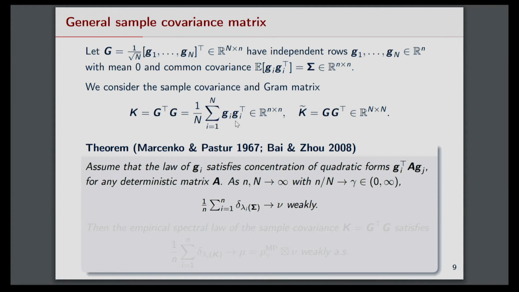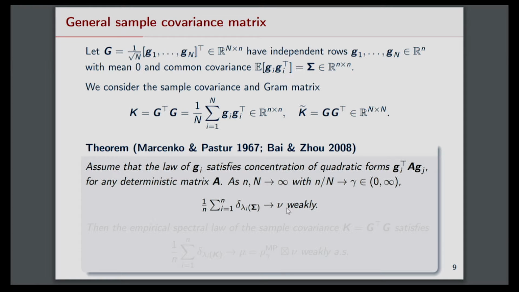Previously, Marchenko-Pastur and Silverstein analyzed the limiting eigenvalue distribution for K and K tilde, assuming some concentration for these Gi vectors, and assuming that this covariance matrix has a limiting law. Let's say we define the limiting eigenvalue distribution for Sigma as nu.